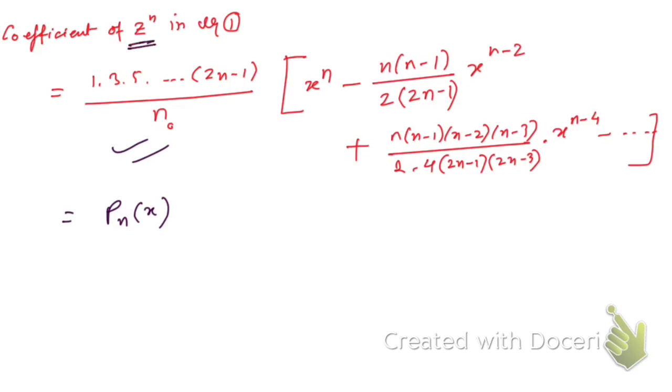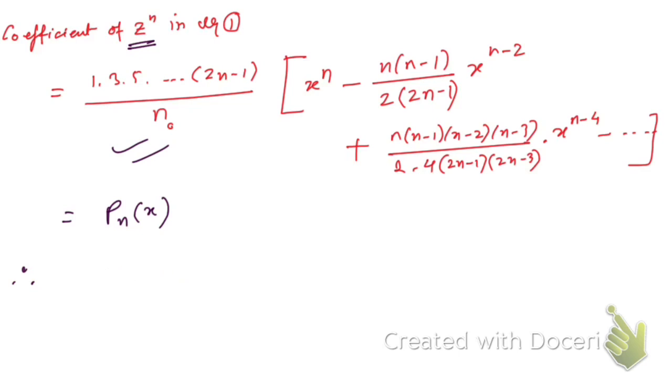So that is what we wanted to prove. Therefore, if you take P1 of x, then you're going to get the coefficient of z to the power 1. Then if you take P2 of x, you're going to get the coefficient of z squared. Hope you have understood this.